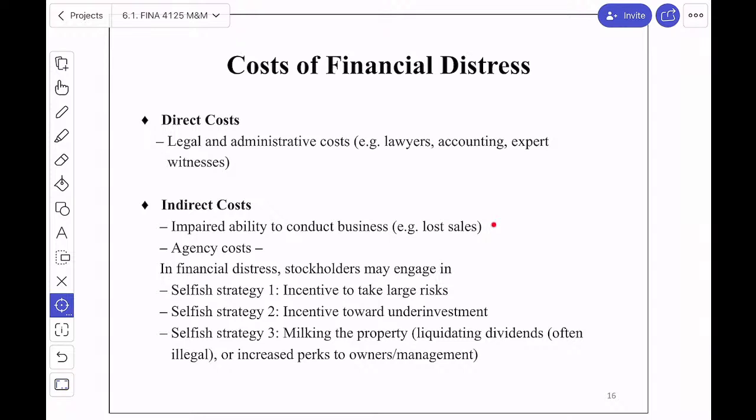So they lose sales. And they might also lose partners or suppliers who don't want to deal with them for fear that they won't get paid if Sears buys on credit.